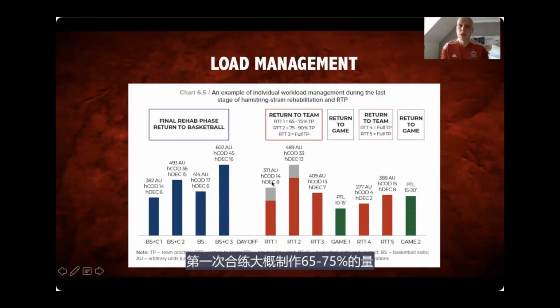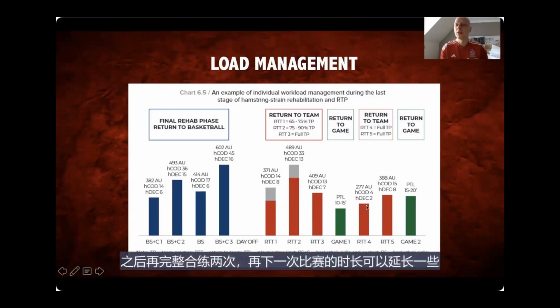We want him to do 65 to 75% of the first practice, maybe 75 to 90% of team practice the second day, then full team practice before the first game, where the player will participate only 10 to 15 minutes. Then we'll have another 2 training sessions with the team, fully participating, and then we can improve a little bit playing time in the games.